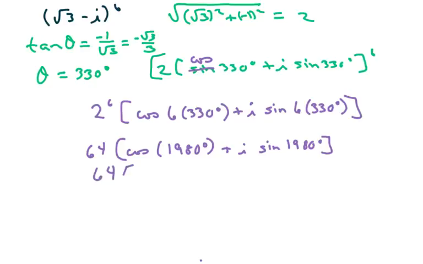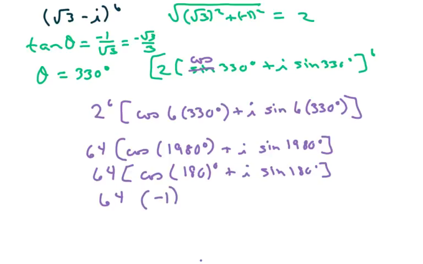So 64 times cosine of 180 degrees plus i times sine of 180 degrees. So we get 64, and cosine of 180 is -1, and sine of 180 is 0, so 0 times i is just 0. So my final answer is -64.